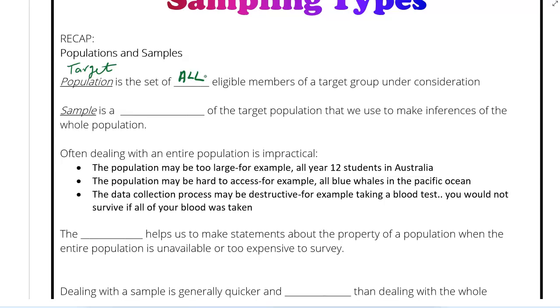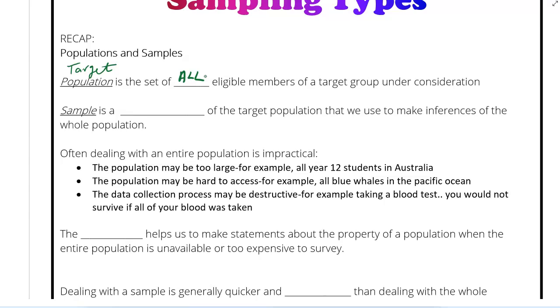Whatever you might be interested in, say the school uniform, whether we should change it or not, the target population would probably be all the school students plus the parents at the school. We wouldn't be interested in surveying people from other schools necessarily, because that doesn't relate to the Perth College school uniform, and what they say probably isn't as valid as what students and parents at this school would say.